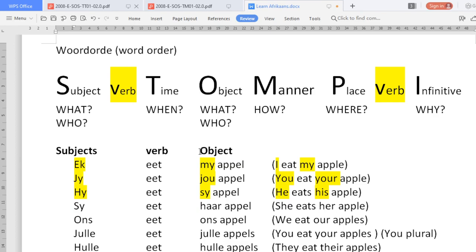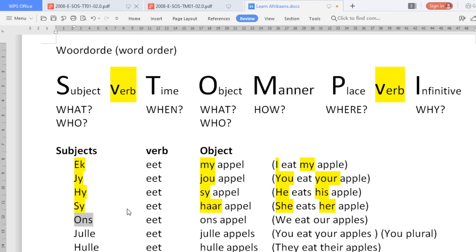Basically, if it stands as an object, if it's his, then it's sy, and if it's sy as the subject of the sentence, then it's she. It's not the worst mistake if you get it wrong. Most second language people do. Okay, and then, sy eet haar appel. So haar is her.